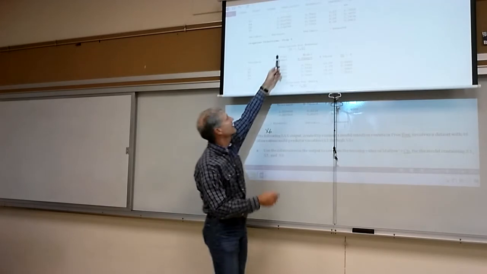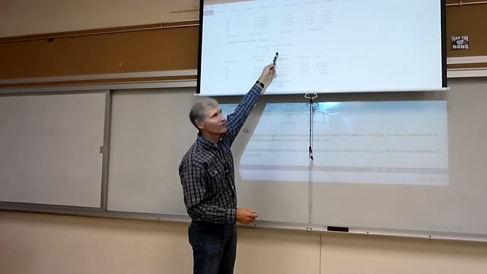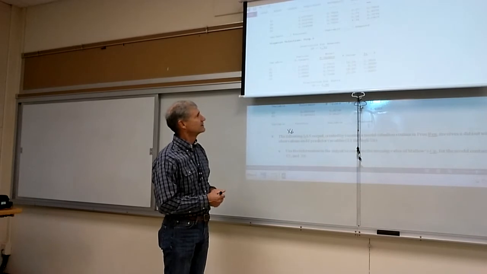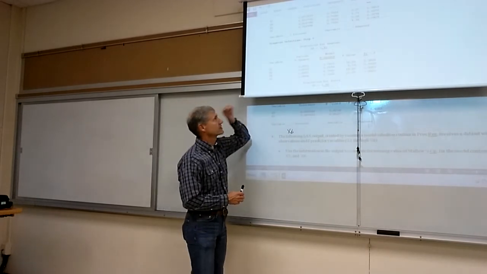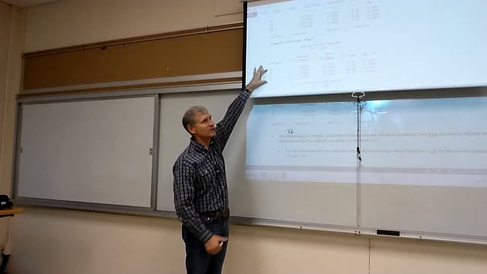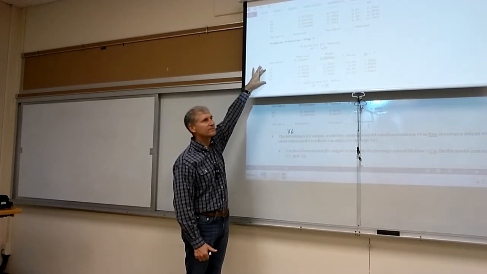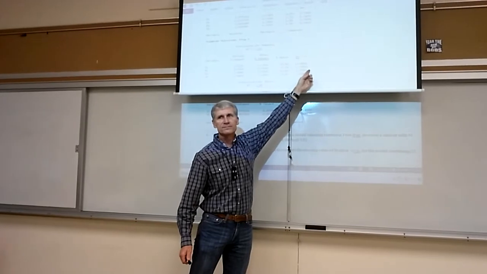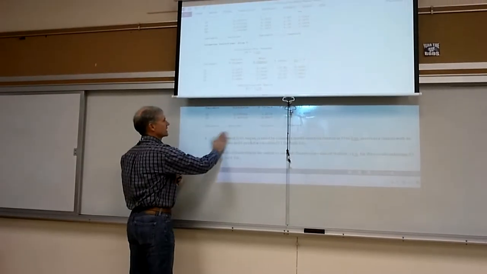Oh, I'm sorry, I didn't read that. You're right. Statistics for removal. So you want to remove what? When it's statistics for removal, then these are the ones that are in the model. And X2 is no longer significant. So X2 would get removed.